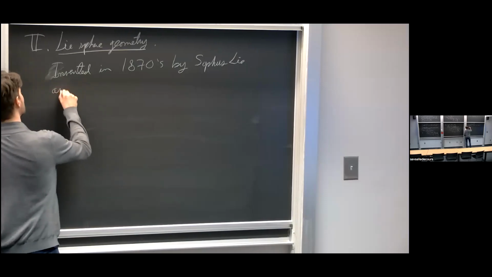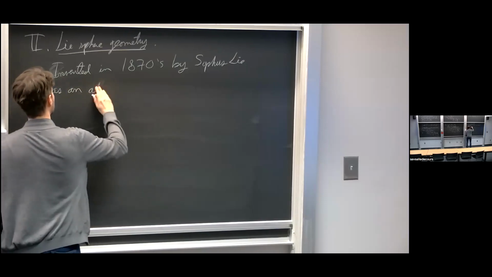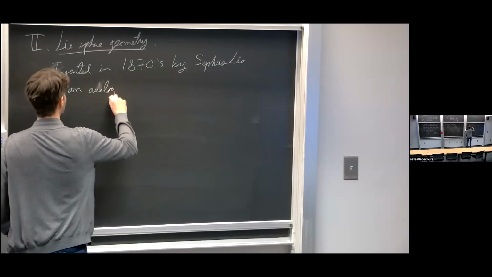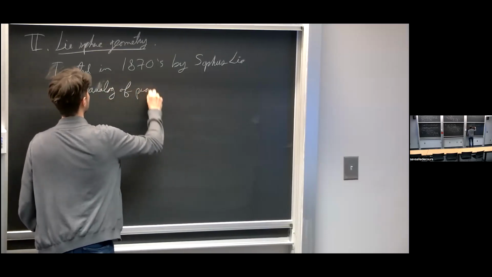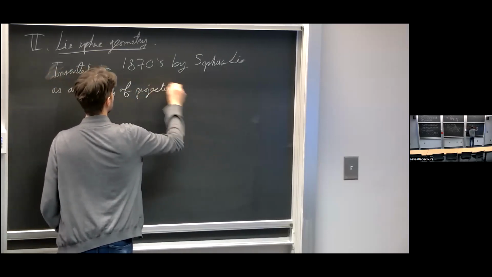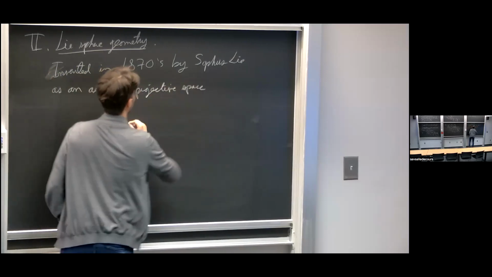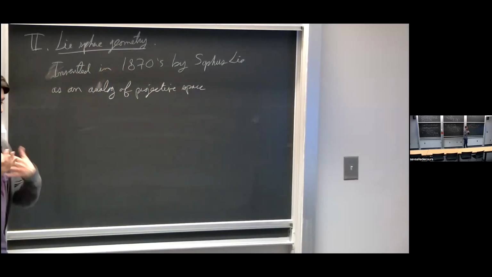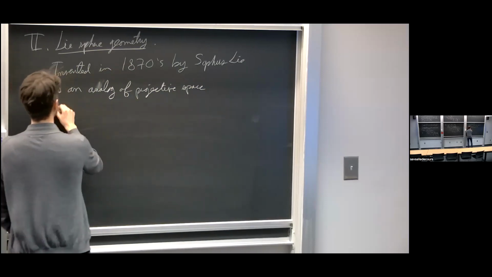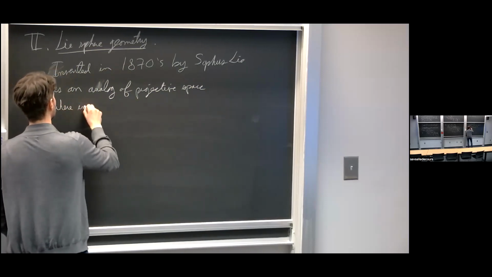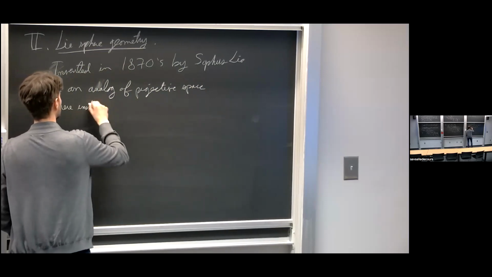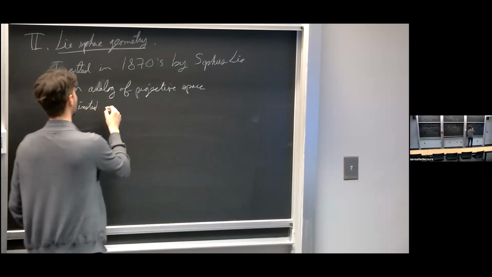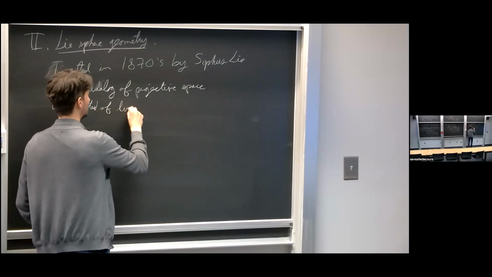It's an analog of projective space, where instead of considering lines as points, you consider circles as your points, in a sort of axiomatic way.